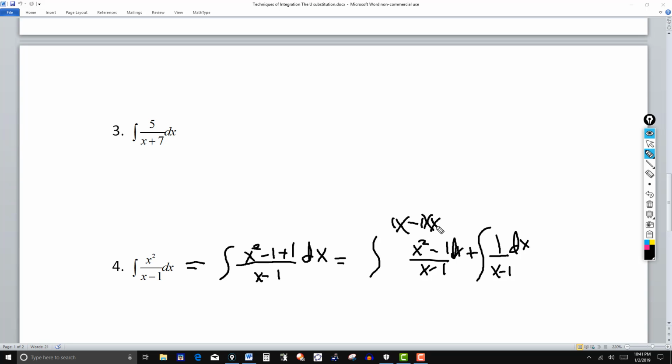Then these two are going to cancel here. So I'll just go up here and say this is going to give me the integral of x plus 1 dx plus the integral of 1 over x minus 1 dx.